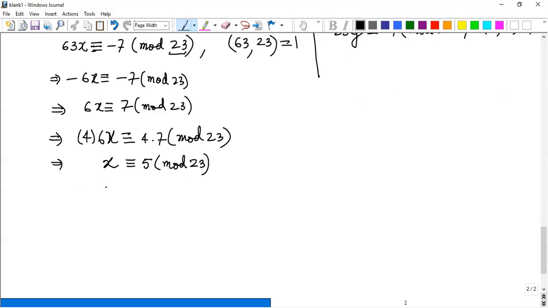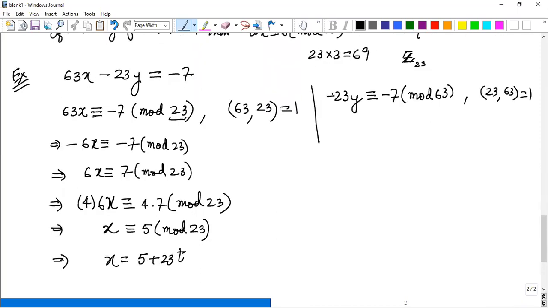You can write x is equal to 5 plus 23t. Now, this equation is solvable for y as well.